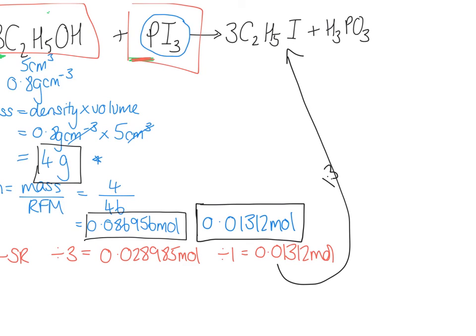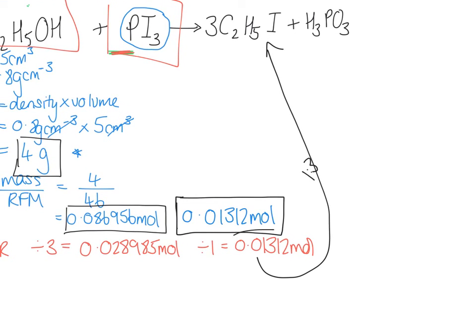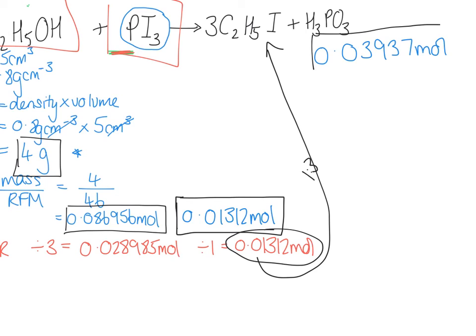So a 1 to 3 ratio means we times this number of moles by 3, and that gets us 0.03937 moles. So that's the answer to part 5. The theoretical number of moles of iodoethane is going to be 0.03937 moles.